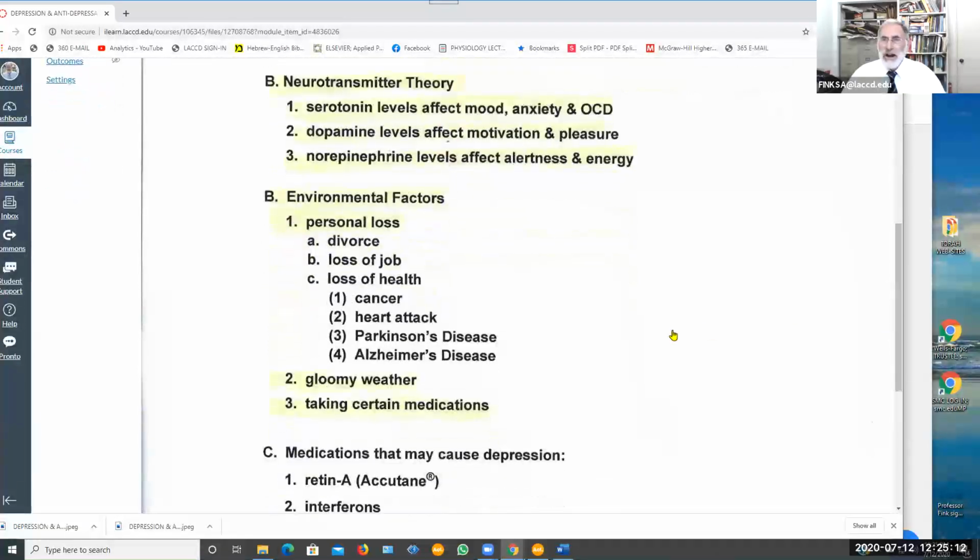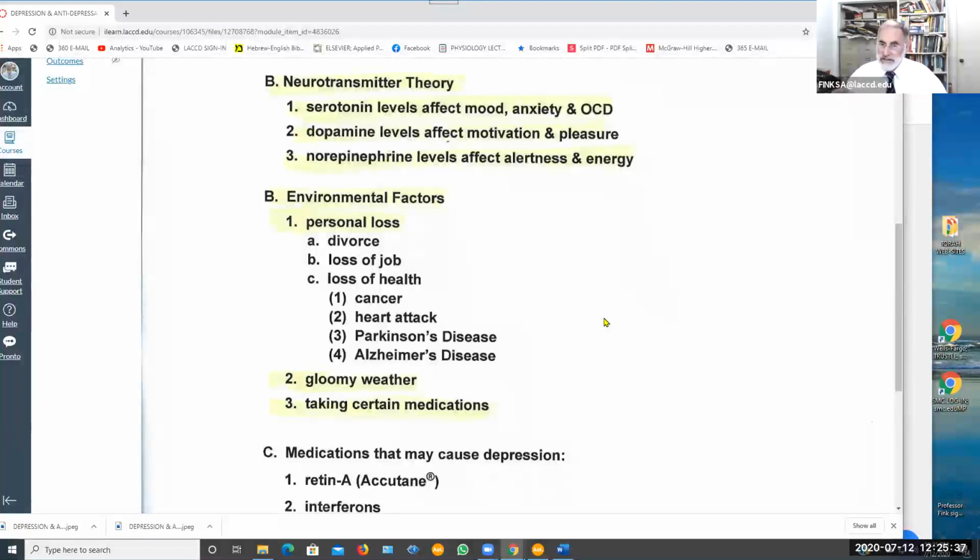Now, there are environmental factors, and we mentioned that depression is related to a loss. So these are things that happen in one's life. These can include divorce, loss of a job, a loss of health, where somebody is diagnosed with cancer or has just had a heart attack, or is diagnosed with Parkinson's disease or Alzheimer's disease.